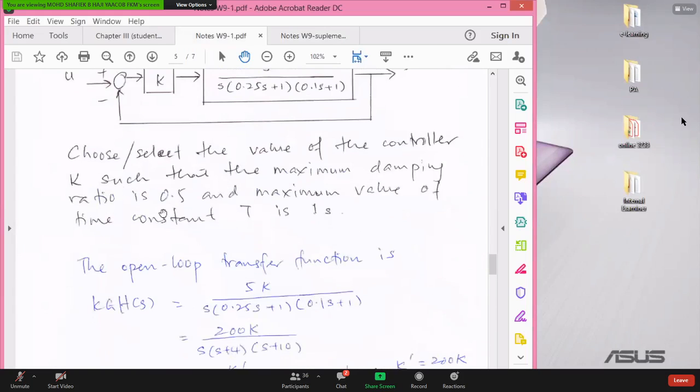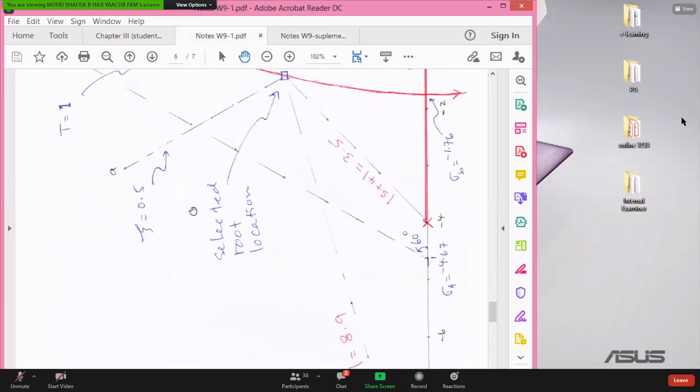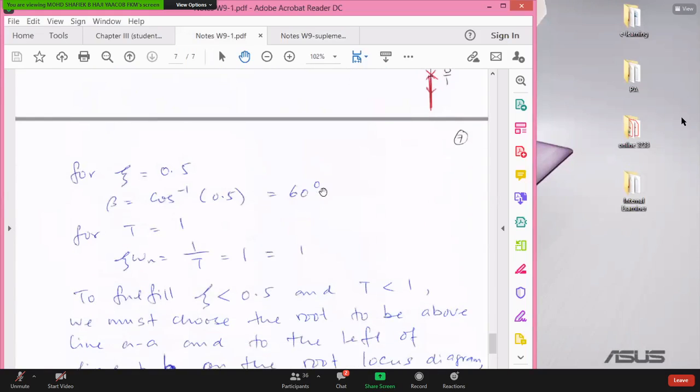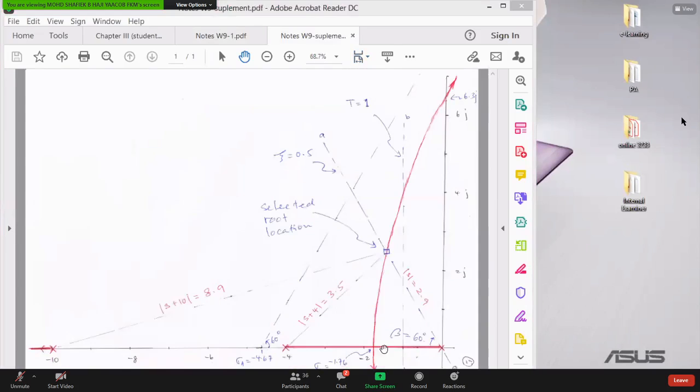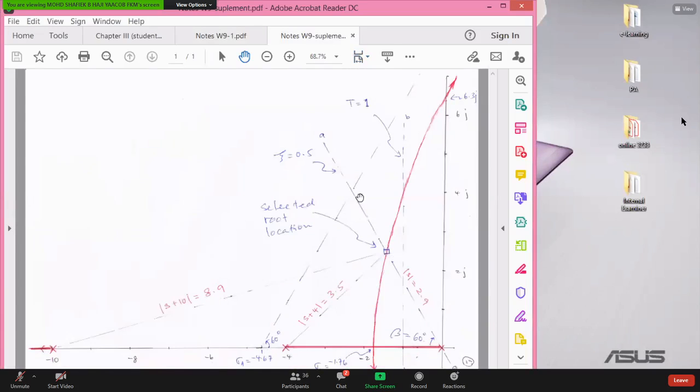The maximum damping ratio is 0.5, so we want the damping ratio to be smaller than 0.5. This is the critical angle of 60 degrees, and our roots must be either on that line or above it to give a damping ratio of 0.5 or less.